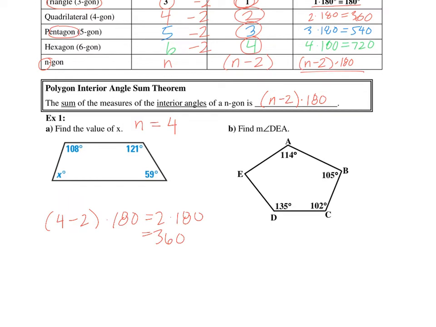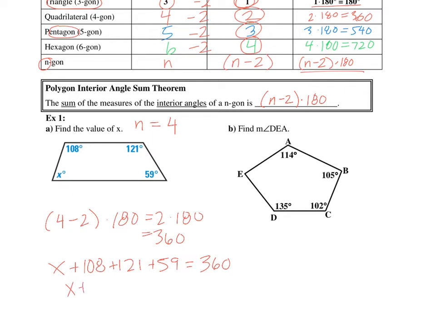So every one of these angles adds up to 360. I'm going to take all the angles, x plus 108 plus 121 plus 59, and I know that they all add up to 360. Let's add up these angle measures. Now I have 108 plus 121 plus 59.